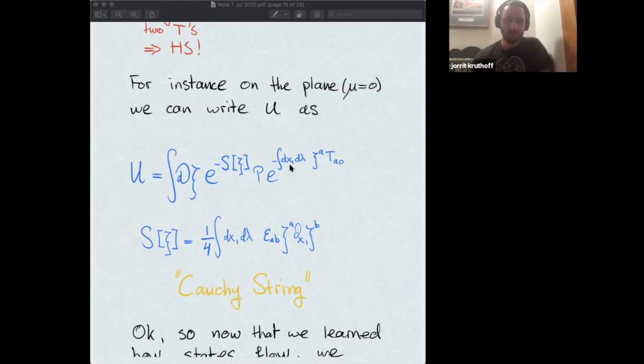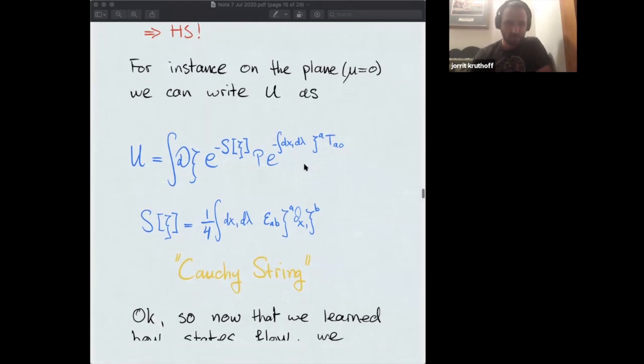So we're at an equal time slice, and the spatial integral, the dx1, is there, but there's also an integral over lambda that followed from the differential equation, the flow equation for the states. There's a path ordered exponential, and the lambda direction gets geometrized in this way, and that's why we call that the Cauchy string.